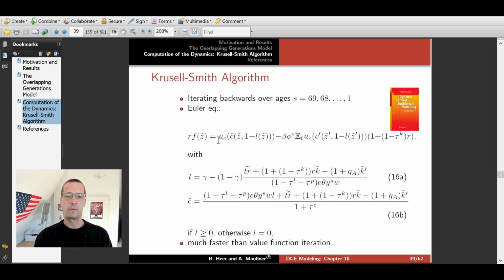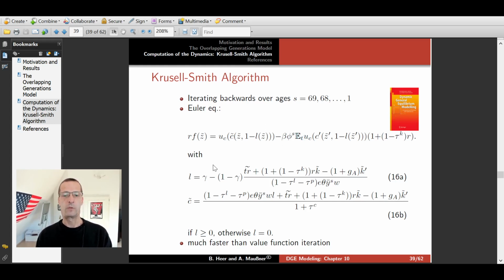So in this Euler equation we have present marginal utility from consumption equal to discounted expected marginal utility from consumption in the next period times 1 plus the net interest rate. So this is, I hope, the most familiar Euler equation here. We discount by the factor beta and the survival probability phi, and we have the expectations operator because individual idiosyncratic productivity theta is stochastic. So we know the transition probability from our calibration exercise.